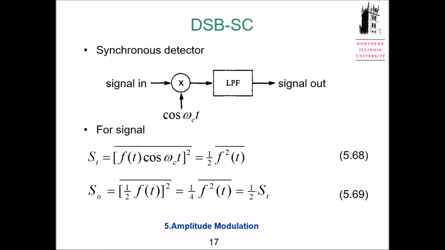So output signal power will be 1/4 of my original signal's power. Compared with input and output, my signal power dropped by 50%. This is for signal.